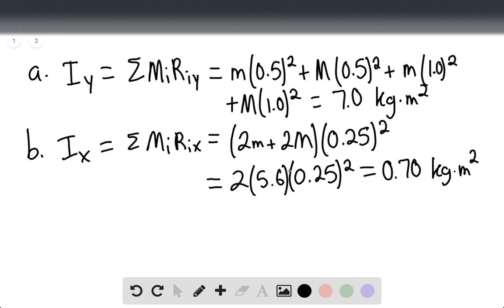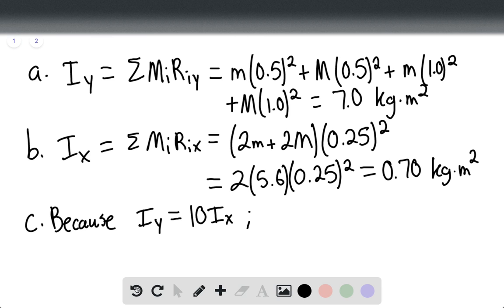And question C is asking us how much harder would it be to rotate one axis against the other. So because the moment of inertia about the vertical axis is greater than the moment of inertia about the x-axis, rather, we can be more specific and say that the moment of inertia about the vertical axis is 10 times the moment of inertia about the x-axis, so the horizontal axis.